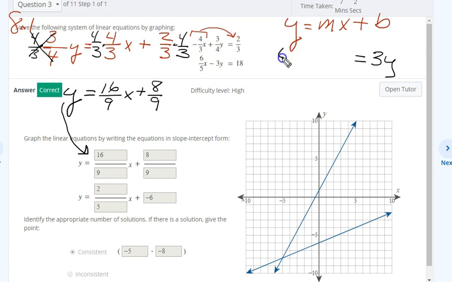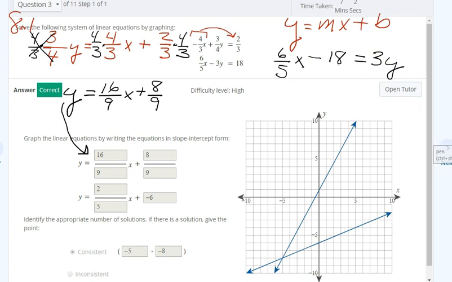And then this becomes 6/5 x. And I bring over the positive 18. And on this side becomes a negative 18.